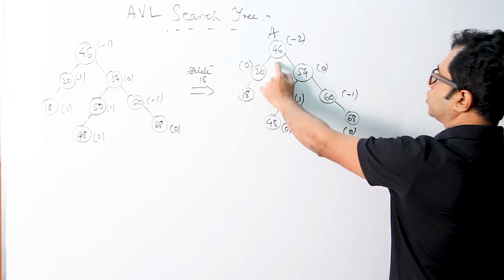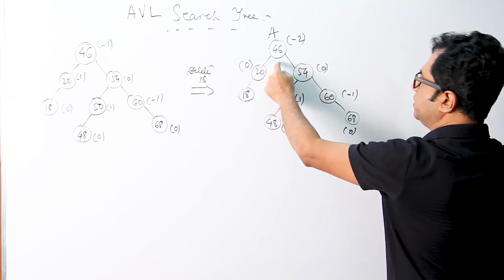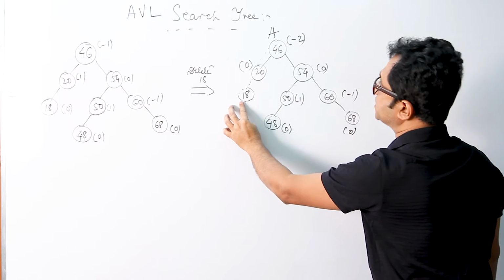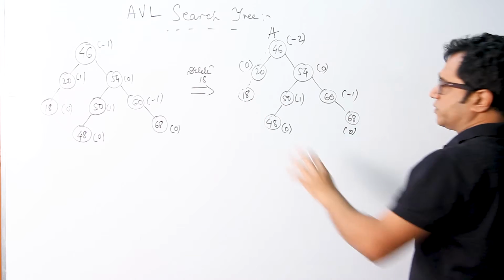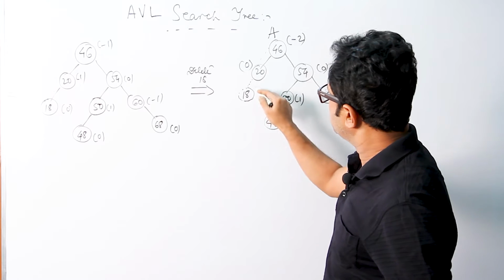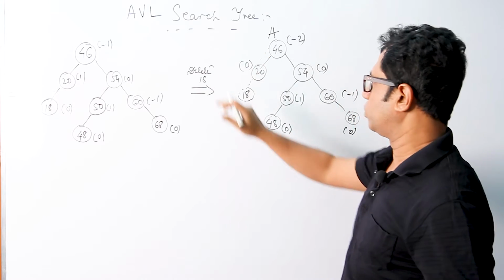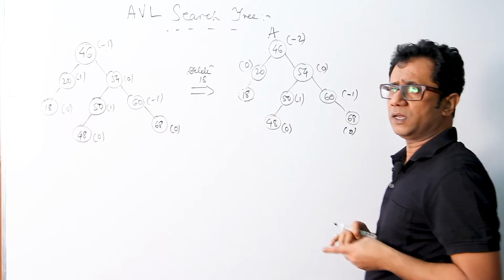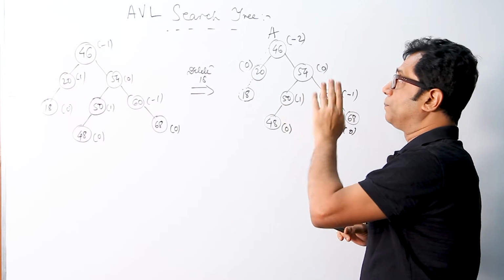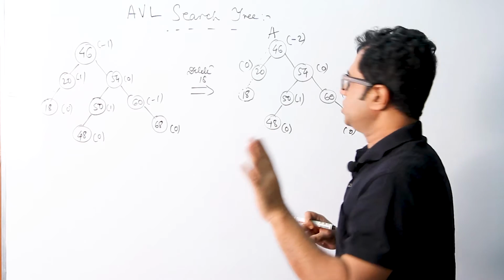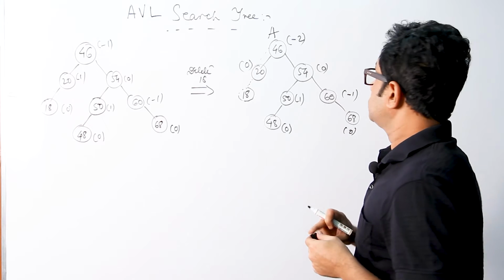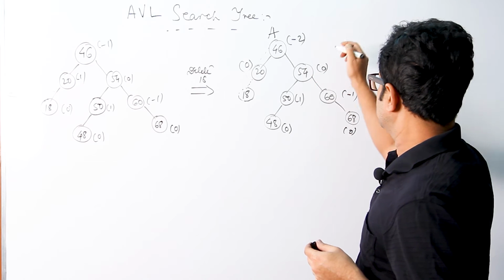So this is the node A, and we'll see where the node containing the value 18 has been deleted with respect to the node A. With respect to node A, we see that the deletion has taken place from the left subtree of node A. The deletion from the left subtree of node A means we will have to apply a left rotation, an L rotation, in order to restore balance to the AVL search tree.